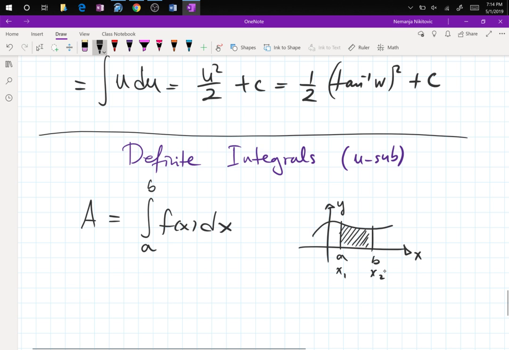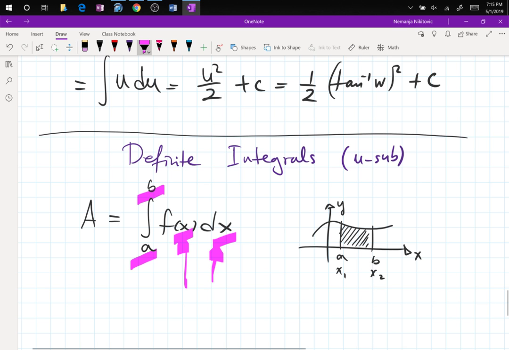So please look at the screen. X, X, X, X. They're all X's. What happens when we change the variable into a U? It becomes U, U.